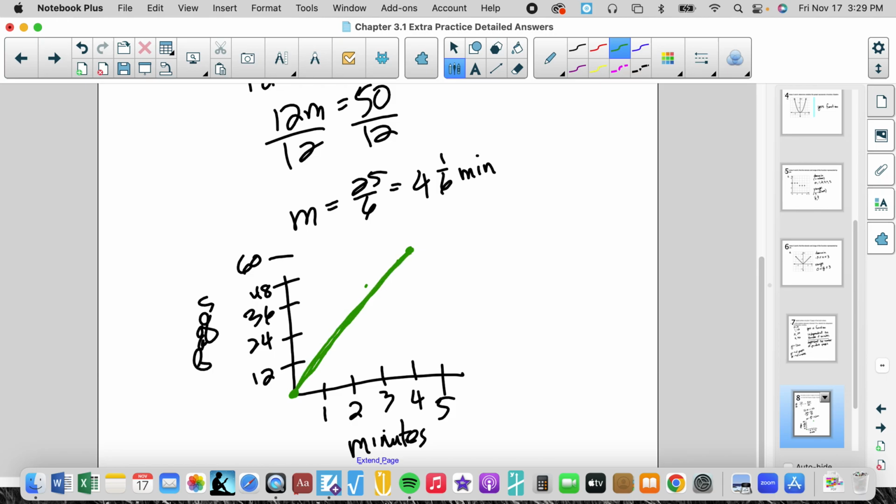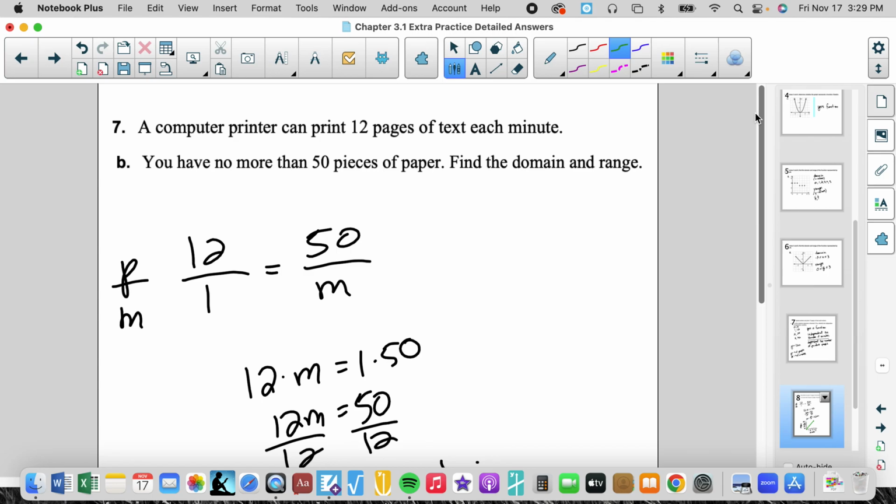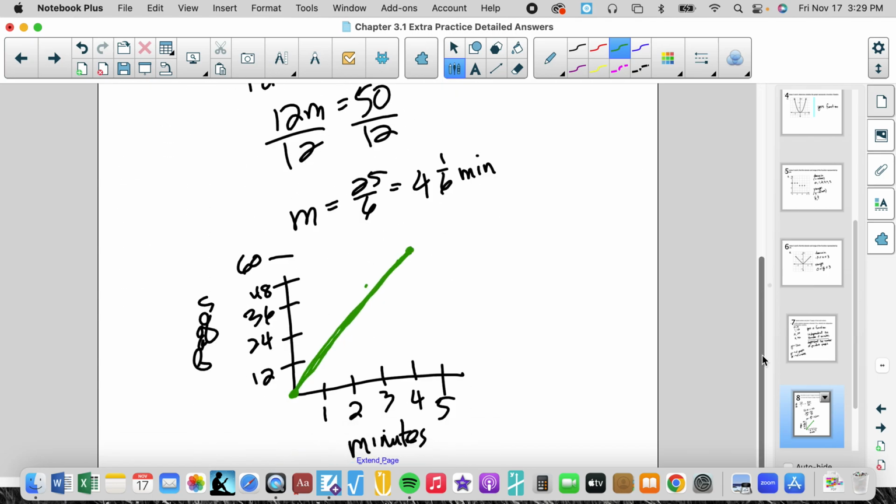So if I want to find the domain and range. So domain, what are my x values? My domain is going to be m in minutes. So my minutes are going to go from greater than or equal to 0 to 4 1/6 would be my domain.